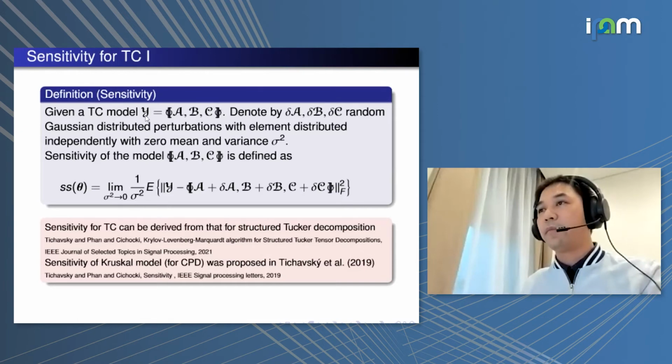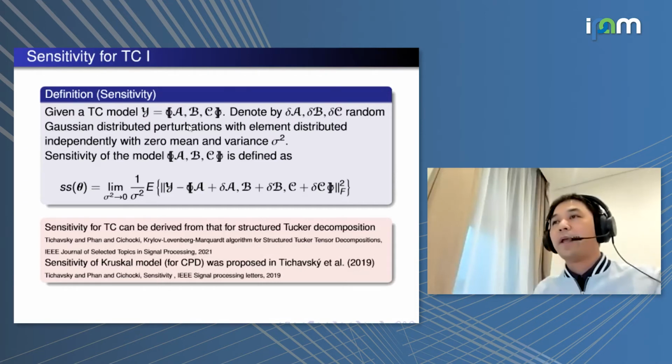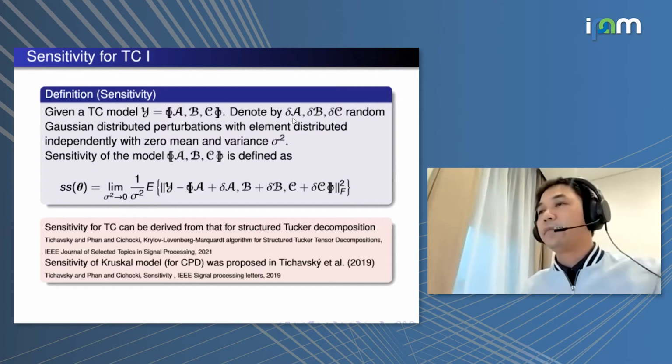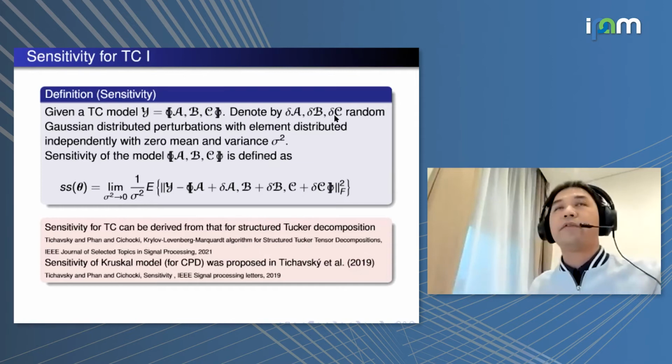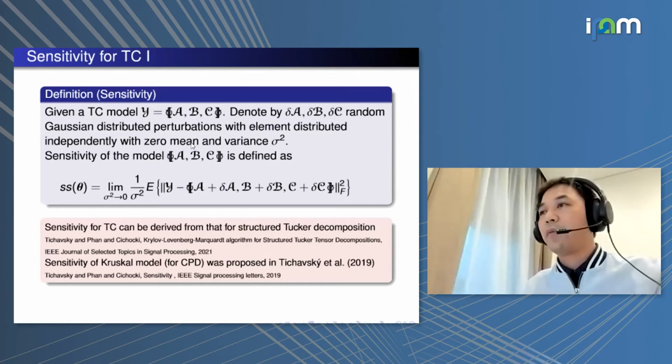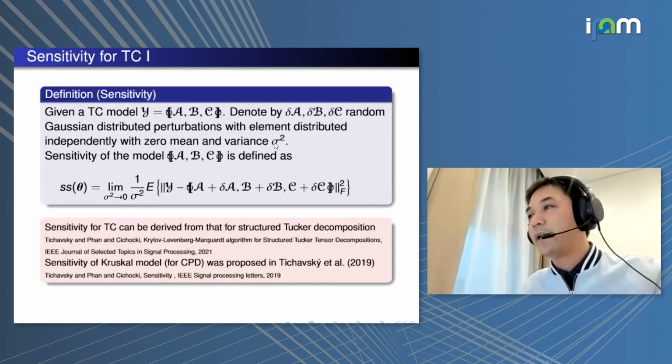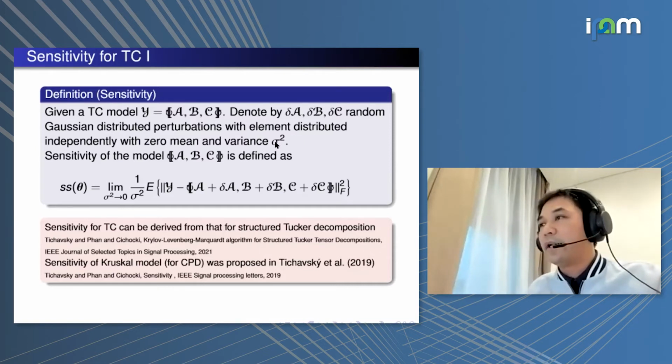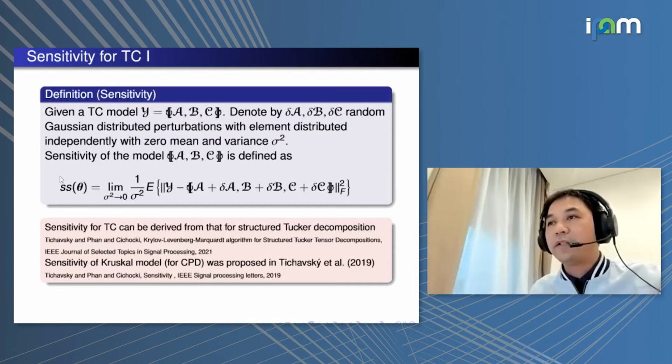For example, we have the model Y that follows the tensor chain model. It is composed of 3 core tensors A, B, and C, and we define 3 perturbation tensors delta A, delta B, delta C, drawn from the Gaussian distribution with 0 mean and standard deviation sigma. So we define the sensitivity in this form.